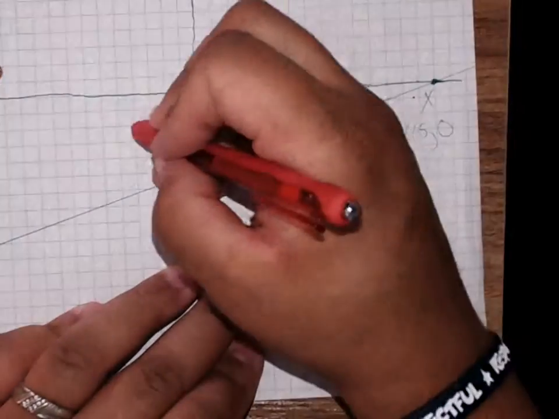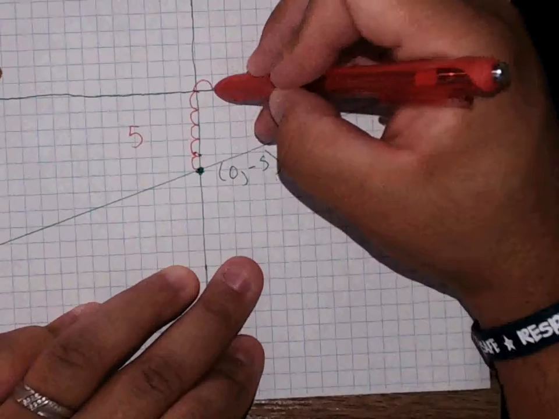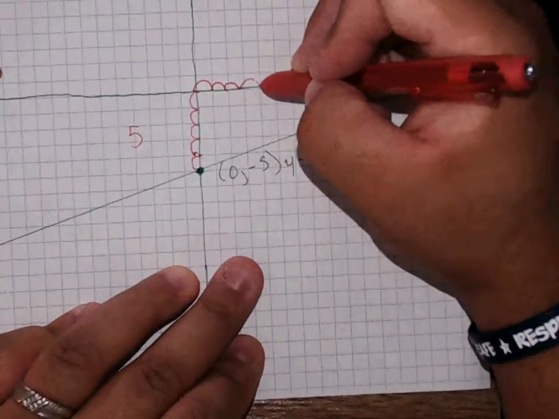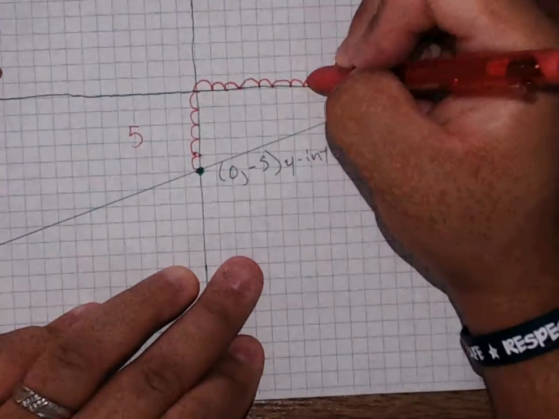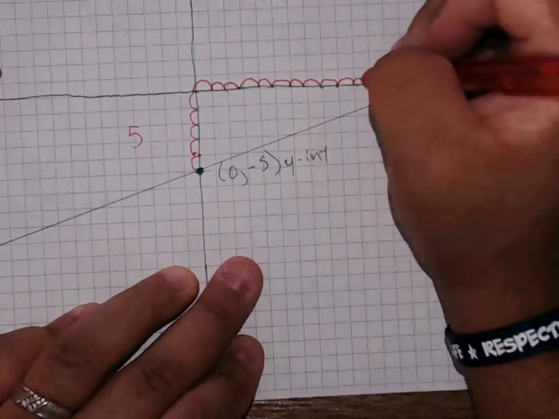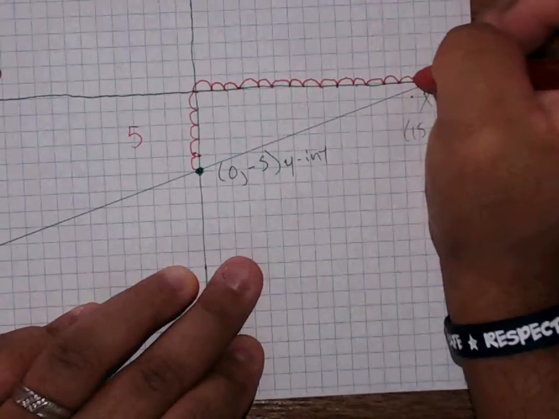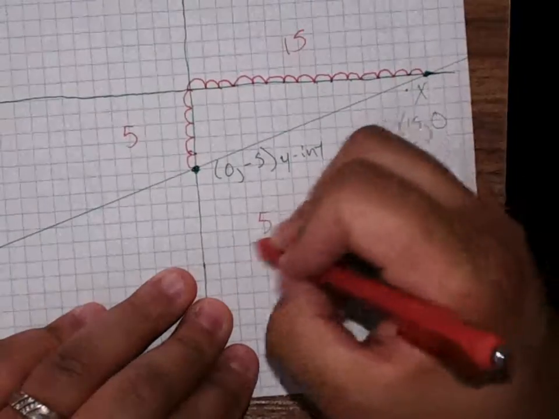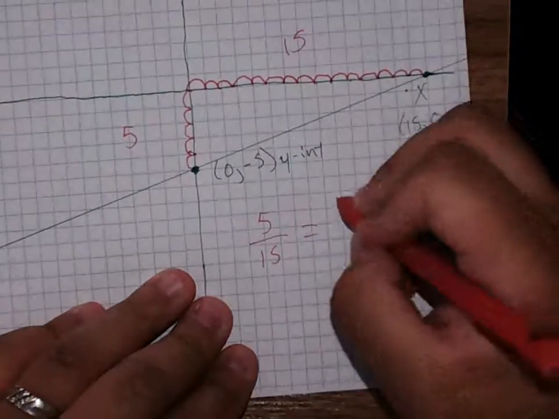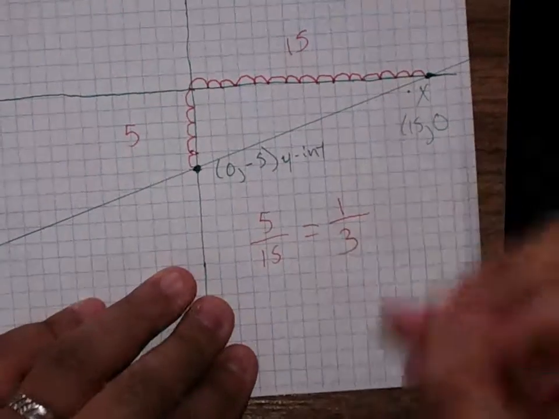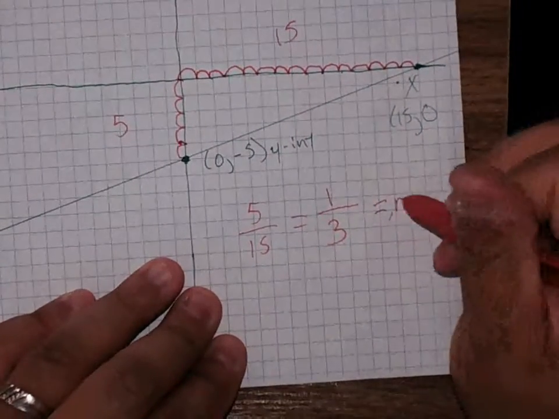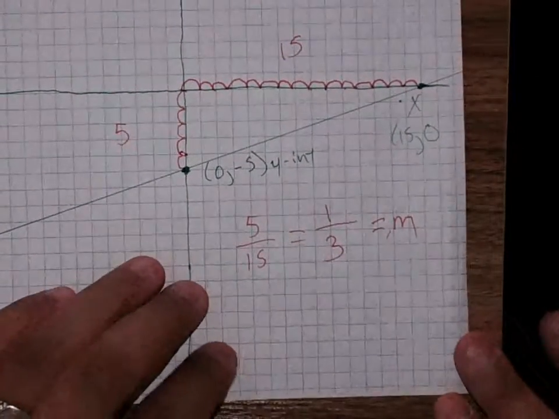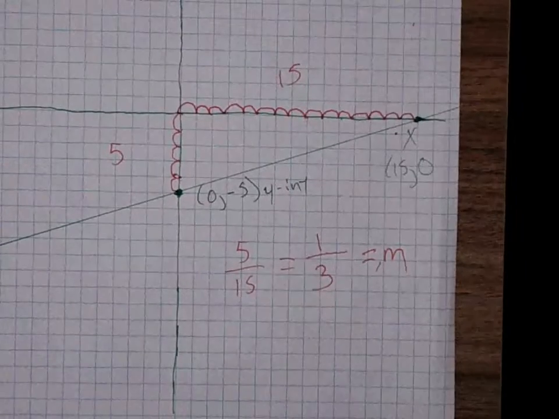So I go up 5, and then I go to the right 1, 2, 3, up to 15. So I go up 5 and over 15, which simplifies to 1/3, our slope. So I was able to graph it with just the information from my standard form.